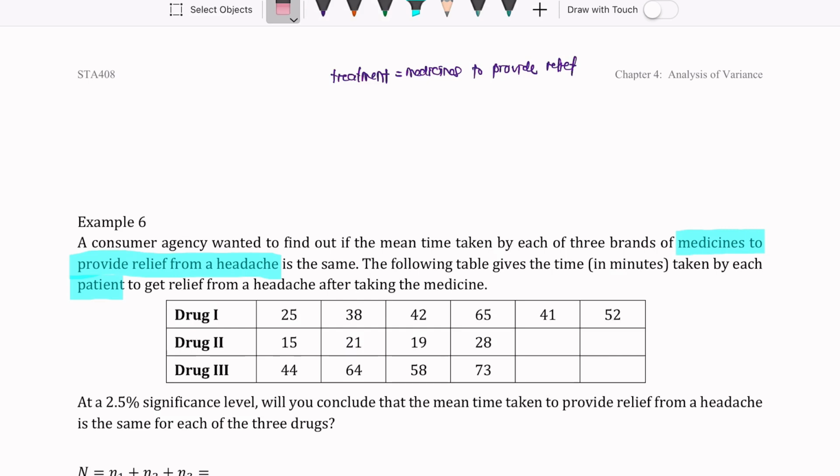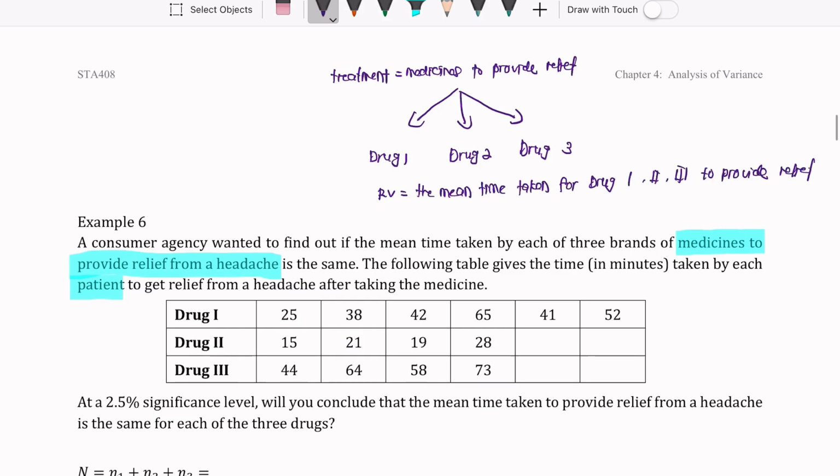We have 3 levels of treatment with factor drug 1, drug 2, and drug 3. The response variable or variable of interest in this study is the mean time taken for drug 1, drug 2, and 3 to provide relief.